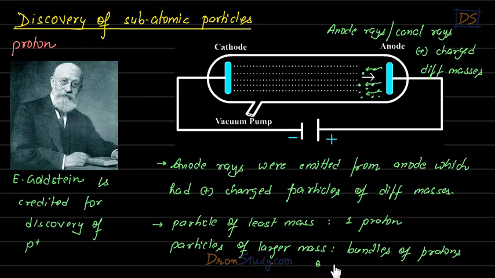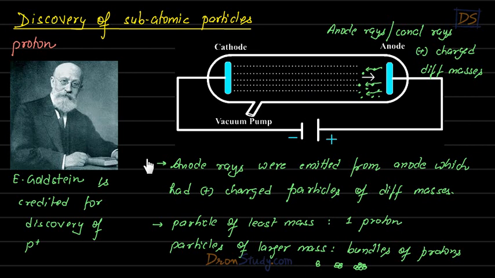For example, bundle of 2 protons, bundle of 3 protons or 4 protons, bundle of 5, 6 or many protons, right? So you can understand why particles of different masses were coming out. So basically the least mass particle was a single proton, and the heavier particles were collection of protons.